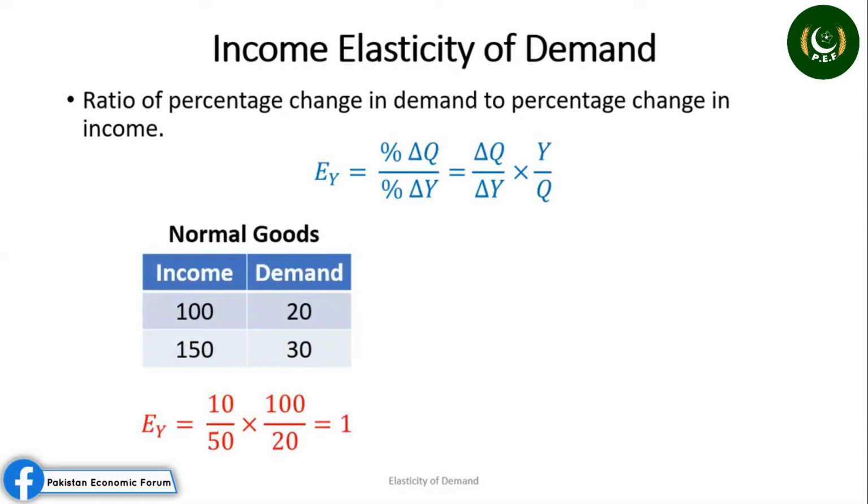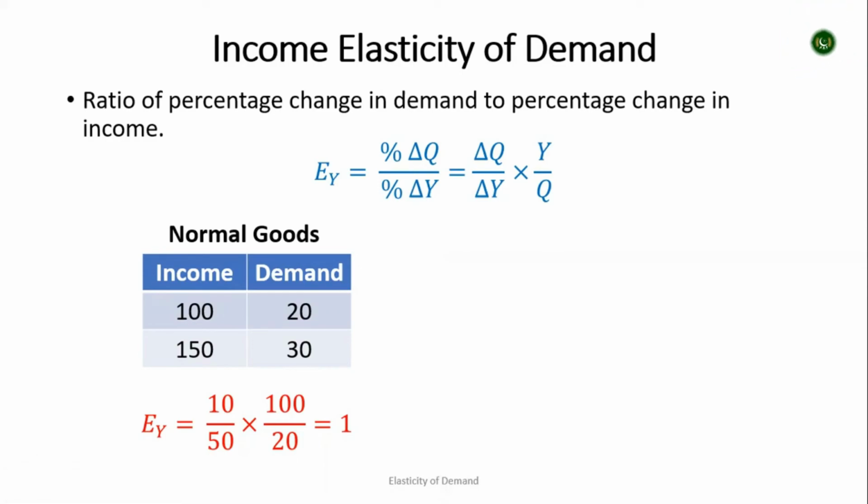As we discussed in our previous lecture, normal goods are those whose demand increases when the income of the consumer increases. Therefore, the change in quantity demanded in this example is 10. Initial value of demand is 20, whereas the change in income is 50 and the initial value of the income is 100. Using this, we can see that the elasticity of demand is equal to 1.